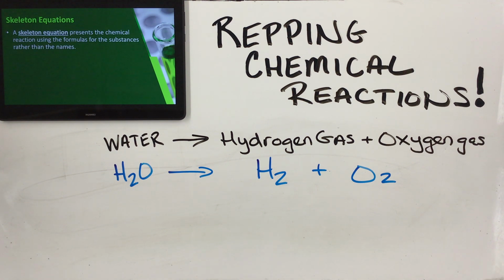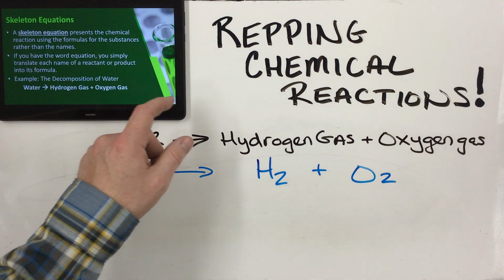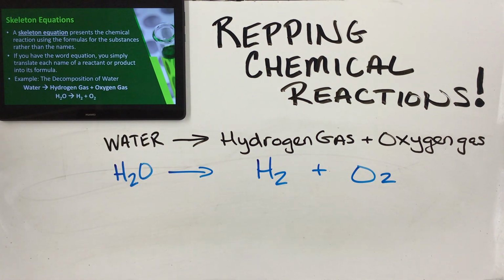If I mess up a formula, basically it's not that substance anymore. Each substance has its own particular formula, and if I don't get it right, I've really made something else, not what I intended. So I simply translate each written name into its proper formula, just like that.